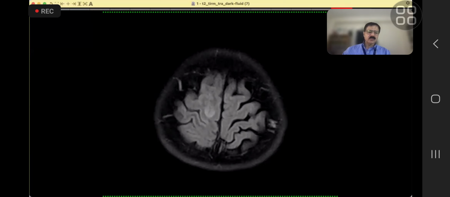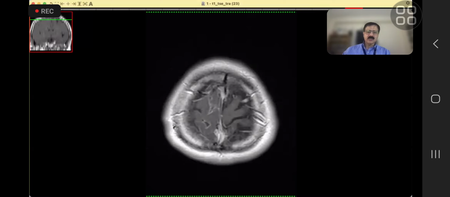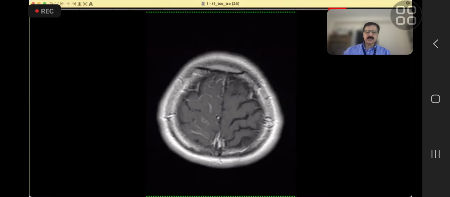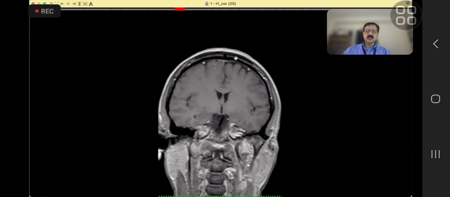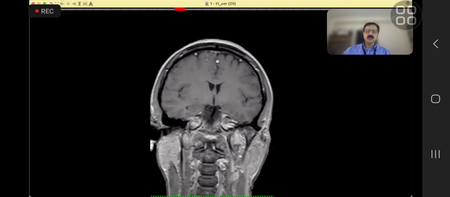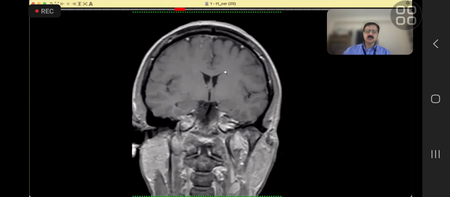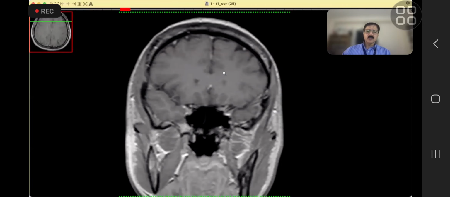Then on post contrast, you compare this side versus this side, and you can see how it is enhancing. I have not shown you a coronal, but if I show you a coronal, you can see it in a much better way.